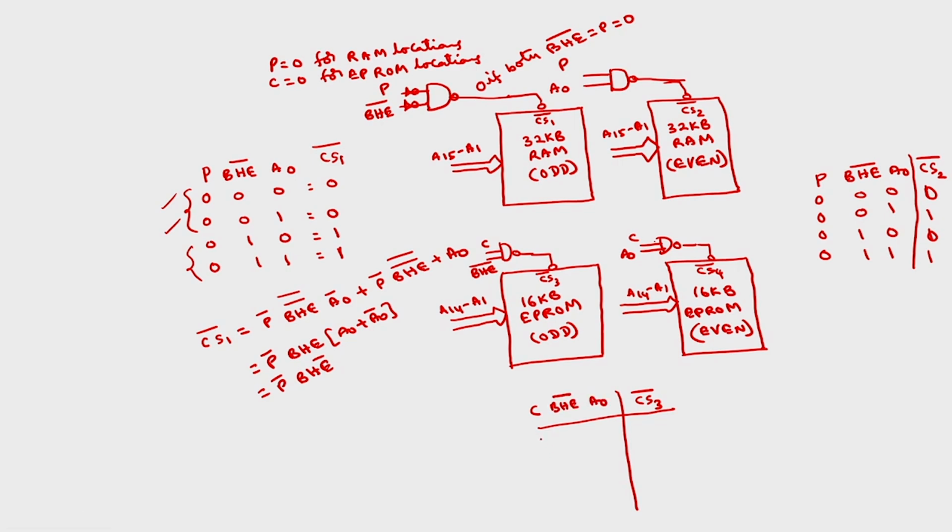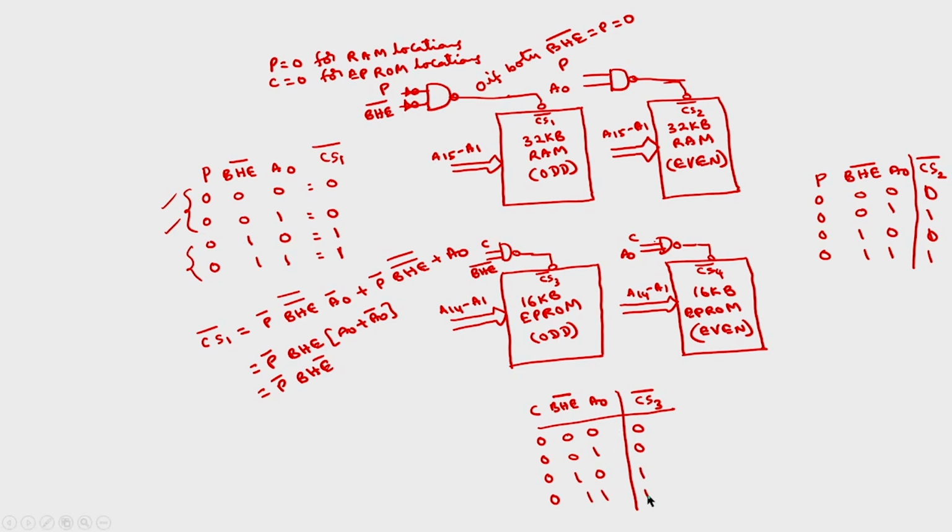C should be 0 for EPROM. If this is 0, 0, it means both the banks have to be selected, chip select should be 0, so that it will be selected. 0, 1 means high bank, which is odd, this has to be selected. 1, 0 means only even bank, so odd bank should not be selected. 1, 1 means no bank will be selected.